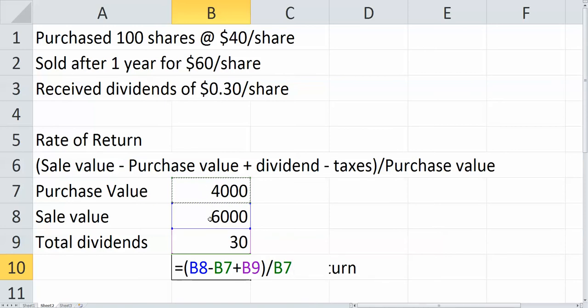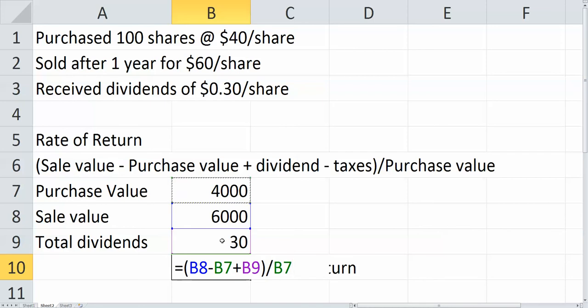Basically, we made a capital gain because the price rose, and the total capital gain is 6,000 minus 4,000 or $2,000, and then we had a dividend return of $30. So we earned a profit of $2,030.